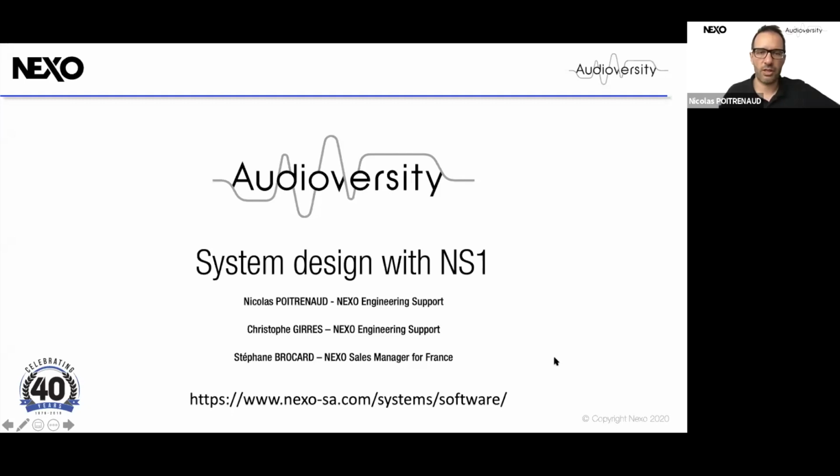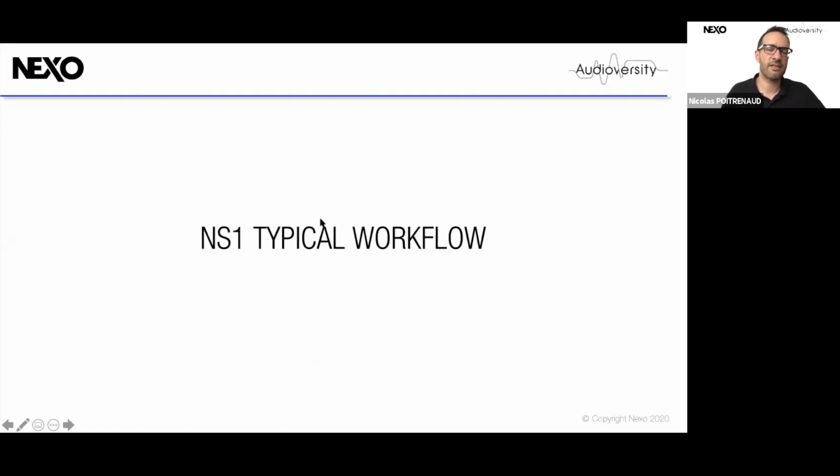So let's start and share my computer with you guys. Currently, what is NS-1? NS-1 is our prediction software. This is based on a Windows platform, and you can download it for free on the NEXO website. What does NS-1 do?